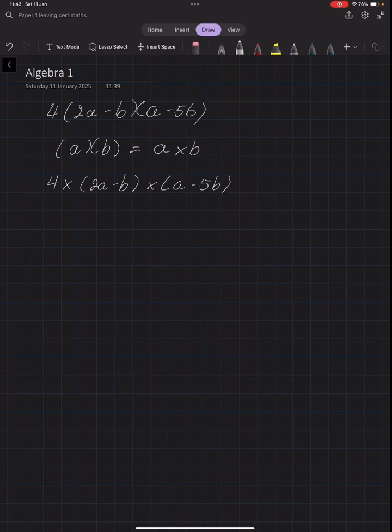And now another thing that you need to remember, recall, whatever you want to call it, is your BIMDAS or BOMDAS, whatever it is. So I use BIMDAS.